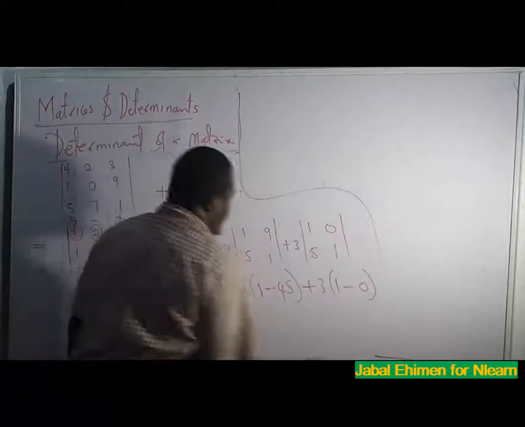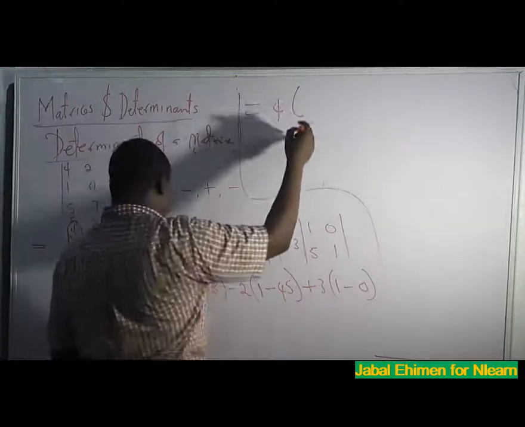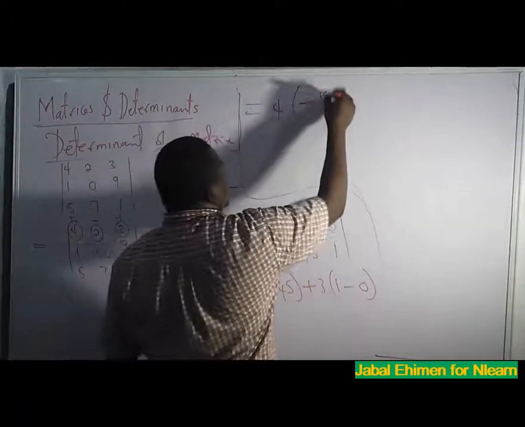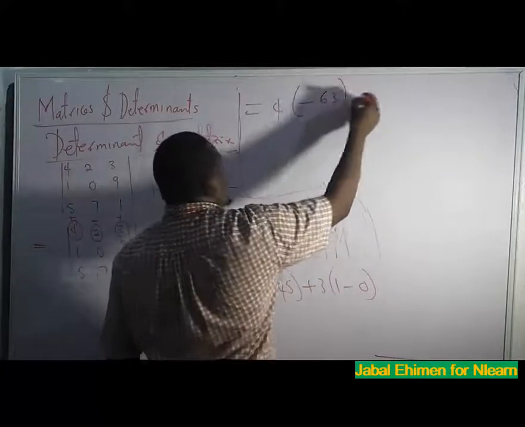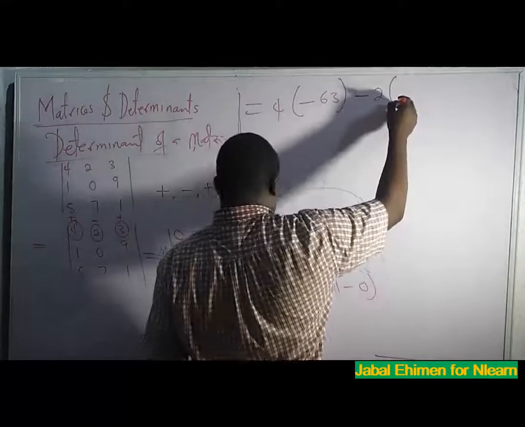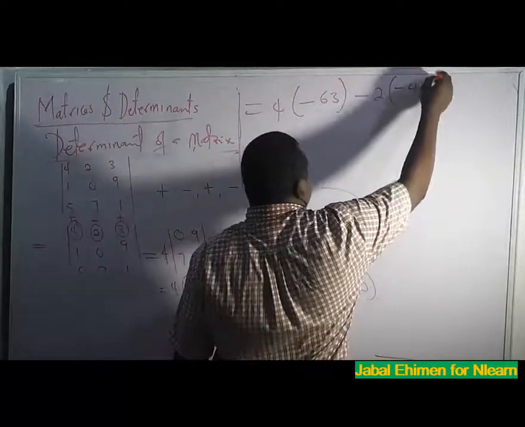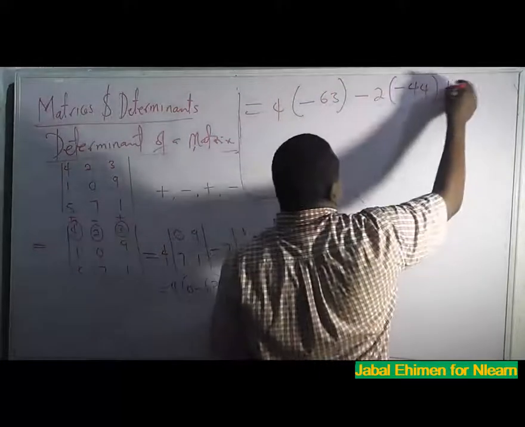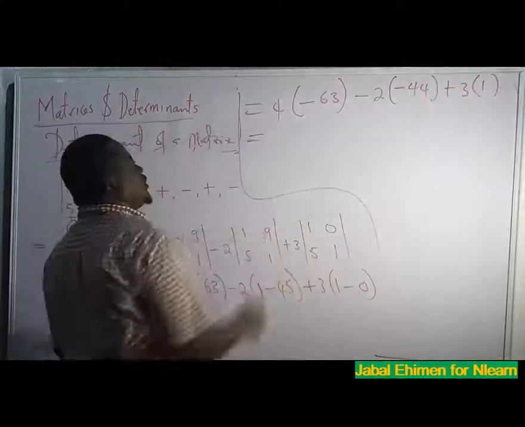So we'll take it up now. So from here you are having 4, you are having minus 63. Oh, sorry, you have minus 63, you have minus 2, and that will be minus 44, and that will be plus 31.